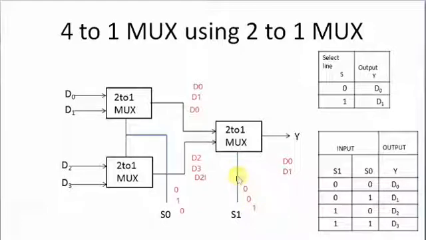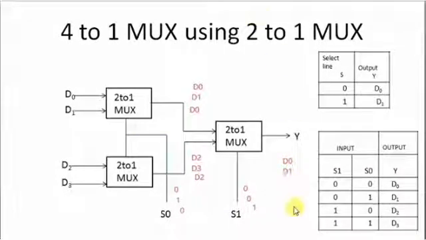So for a 2x1 MUX with 1 as select line, the second input is selected, so D2 will be selected at output. So the output will be D2.